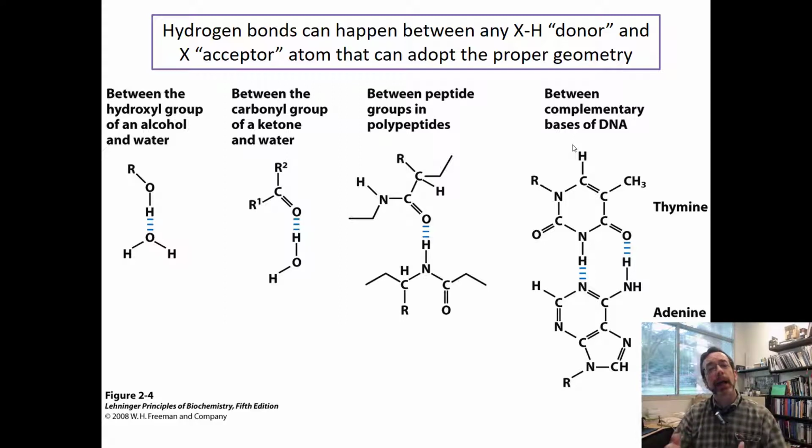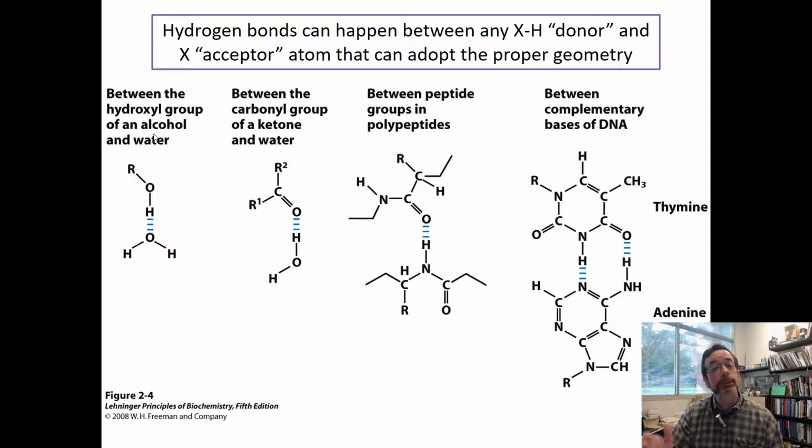So remember, because hydrogen bonds can happen between any properly arranged electronegative atoms, between any arrangement of OH and O, or nitrogen as well, oxygen or nitrogen, they can happen between any two molecules that have atoms that fit that example. And so, for example, I've already talked about the example on the left. They can happen between water and a hydroxyl group on an alcohol. Move over one, it can happen between water and a ketone group.